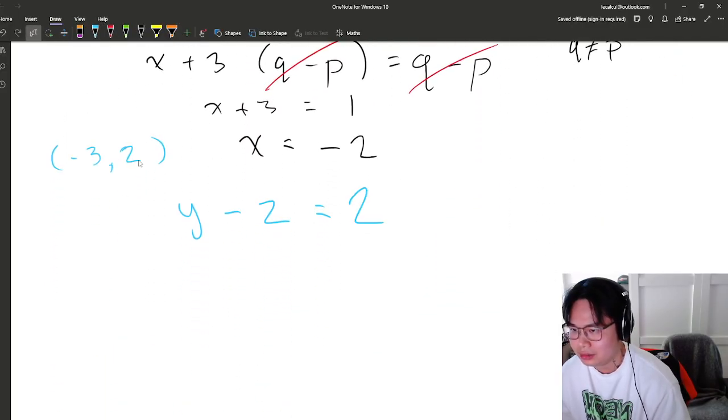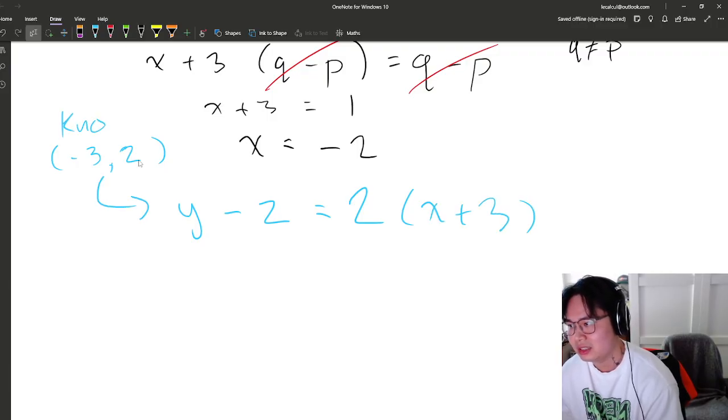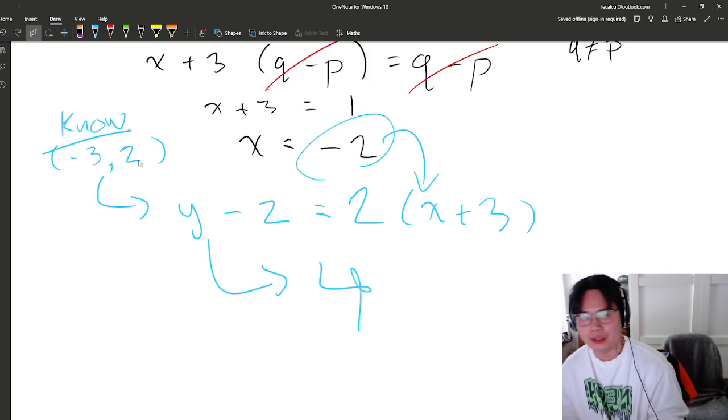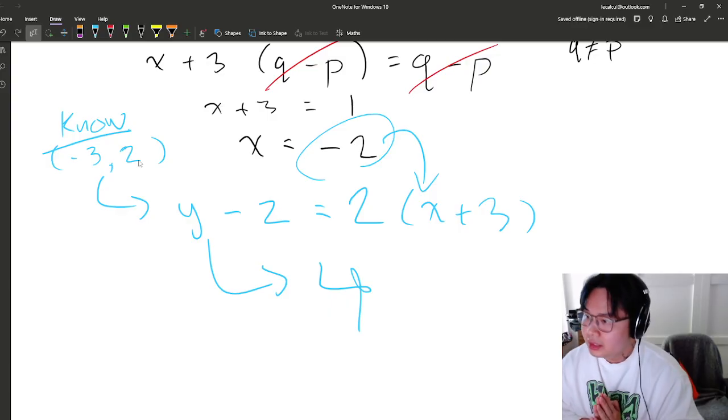So this is 2, x plus 3. There you go. Okay, we use this one, right? Because we know this. Bam. And this goes in here. This ends up being 4. Okay. Whew.